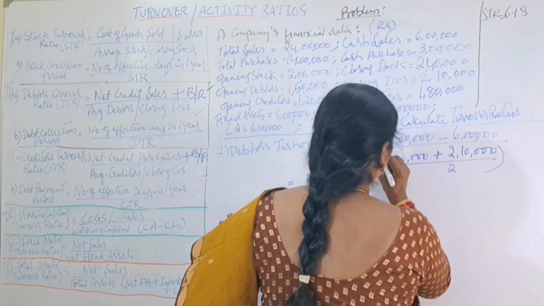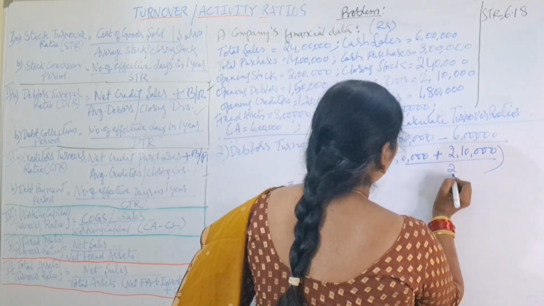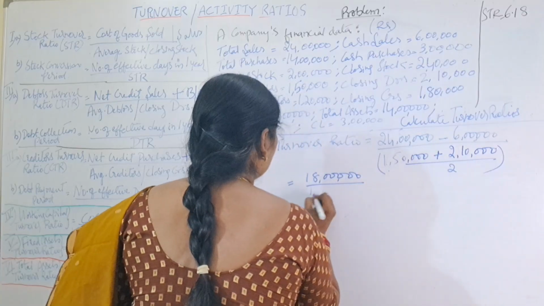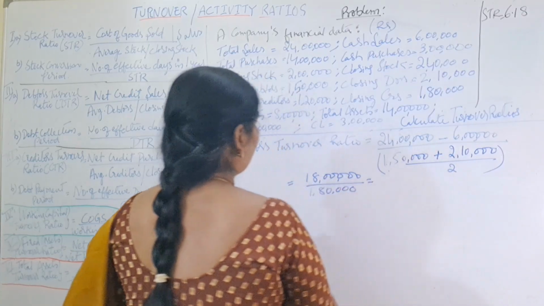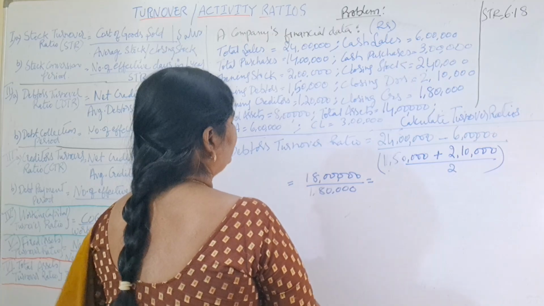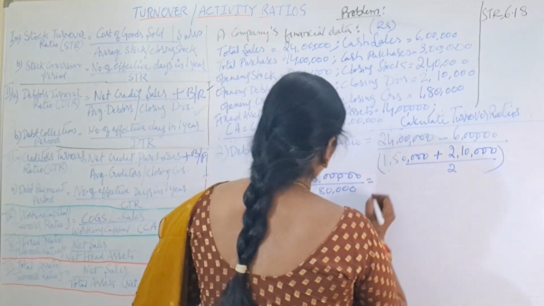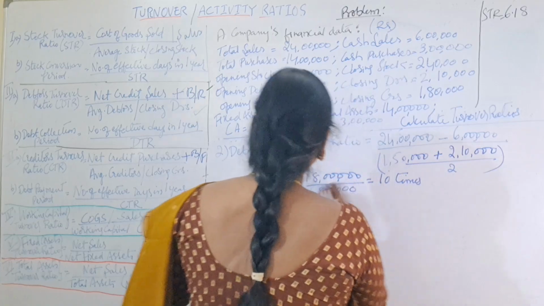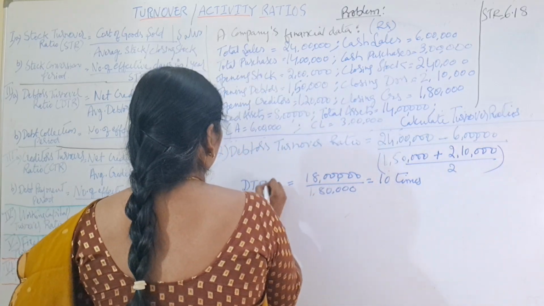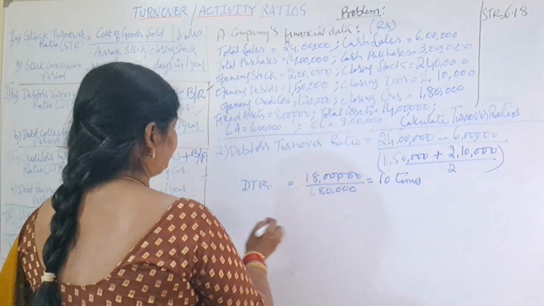How much will you get? 3,60,000 divided by 2 means it is how much? 1,80,000. So how many times do you collect your debts? 10 times. So your DTR is 10.